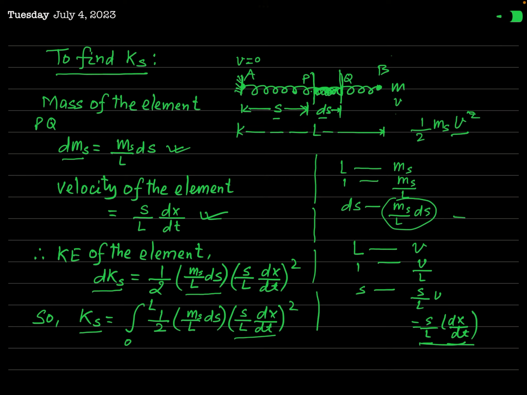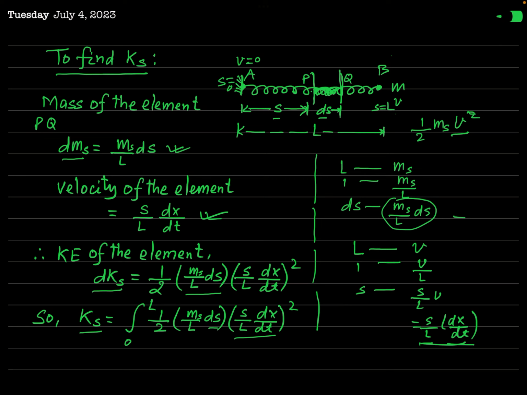Here integration is with respect to s, and you know s varies from 0 to L. Here s is equal to 0 at the fixed end, and at the other end where the mass has been attached, s is equal to L. So the limits of integration will be 0 to L.